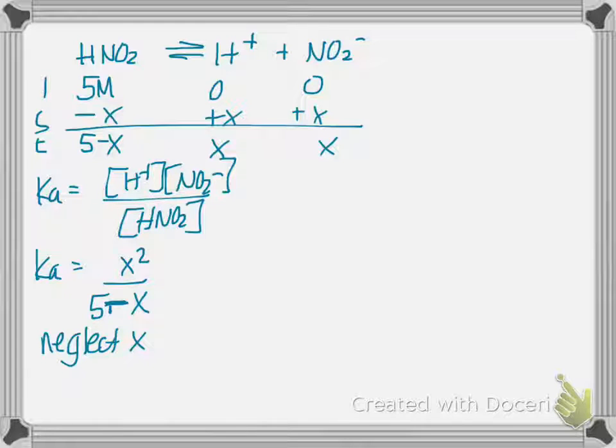I'm going to run out of room, so I'm going to put this over here. 4.0 times 10 to the negative 4 equals X squared over 5. So X is going to be equal to 0.0447.